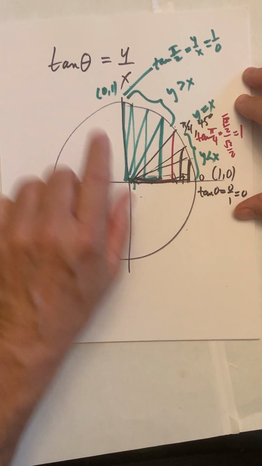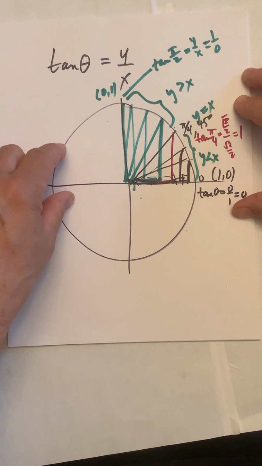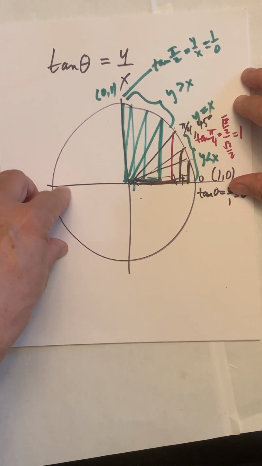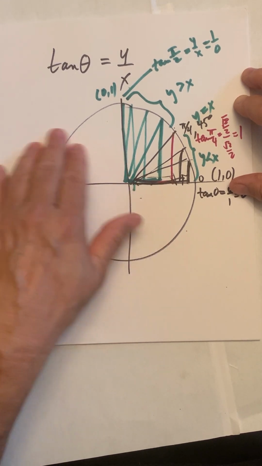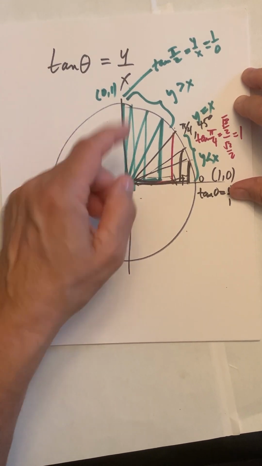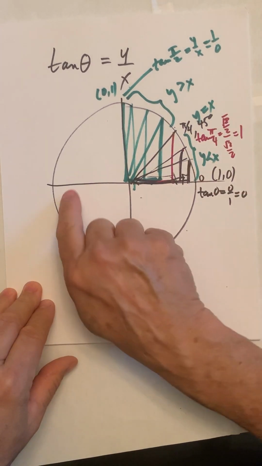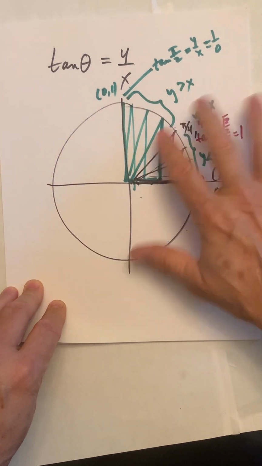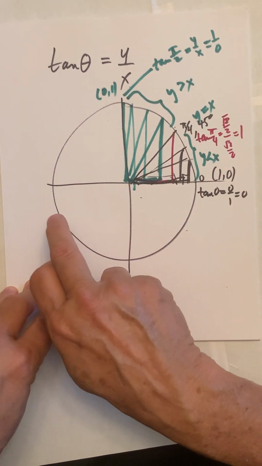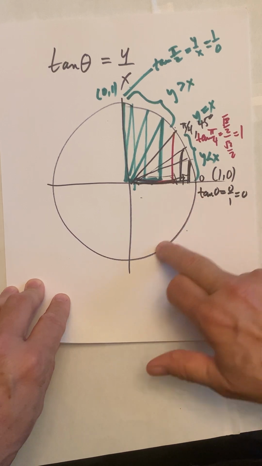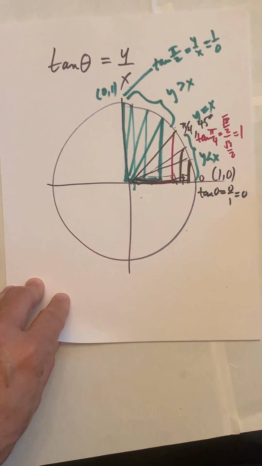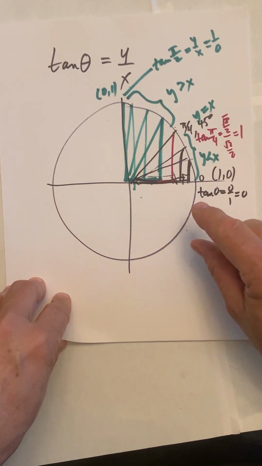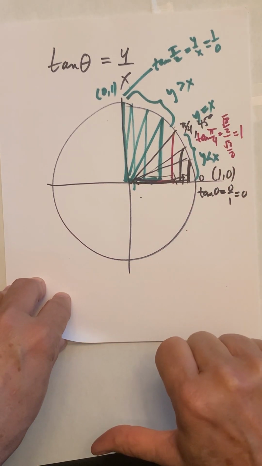And then you get -1, and then from here to here, where the x length is longer than the y length, you have fractions, numbers less than 1, but they're negative because x is negative. And if you come over here, both x and y are positive, so you have the same kind of ratios, but everything's positive. And then in quadrant 4, you have negative, because the y is negative, but the x is positive. But it's the same idea in terms of the comparison of the lengths of the y to the x, okay?